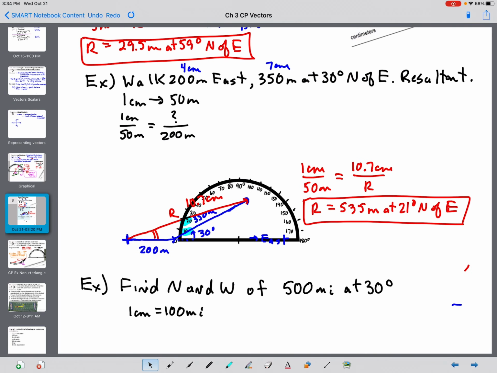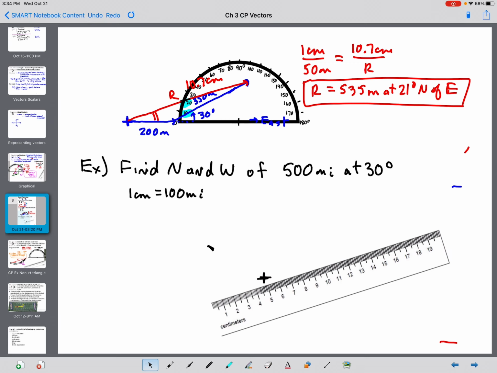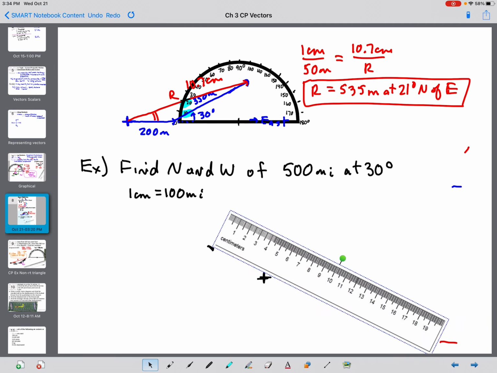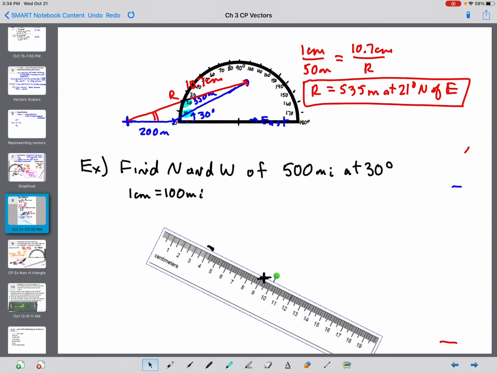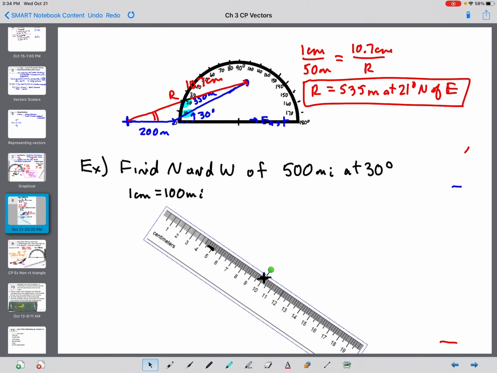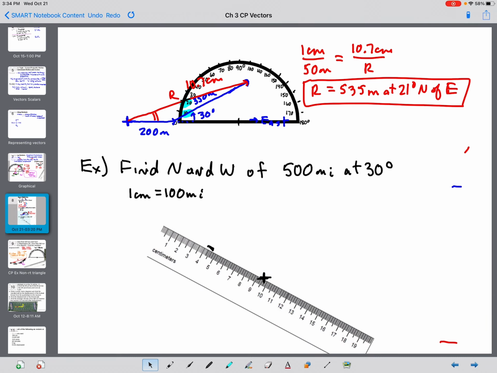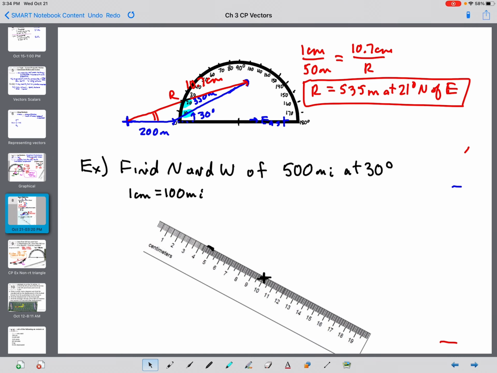I'm going to go find my ruler. And now I'm going to take the ruler, rotate it, and I'm going to draw my vector in that direction. So I have it lined up so that 10 is right there on the origin. And so then I'm going to draw from 10 back to 5 centimeters.